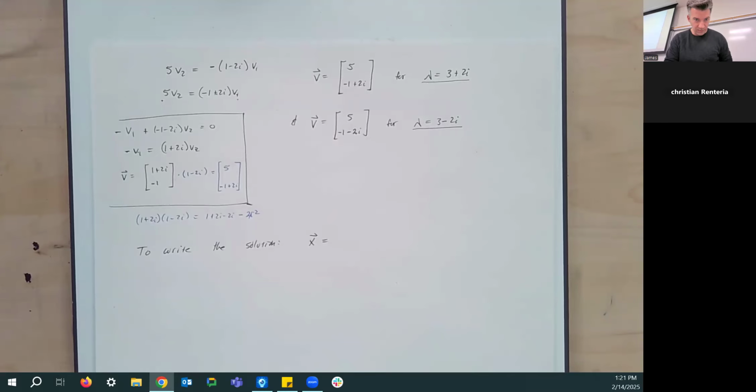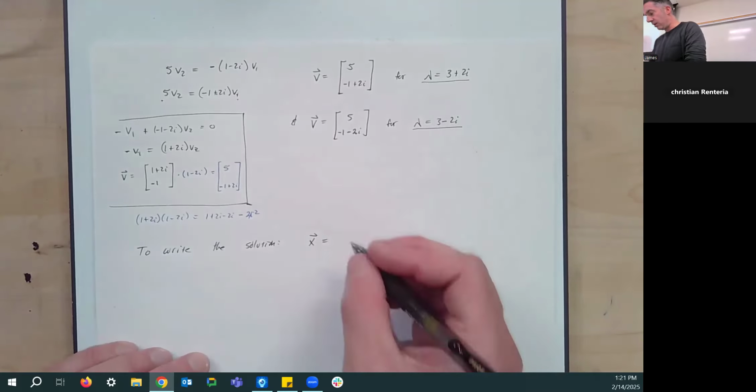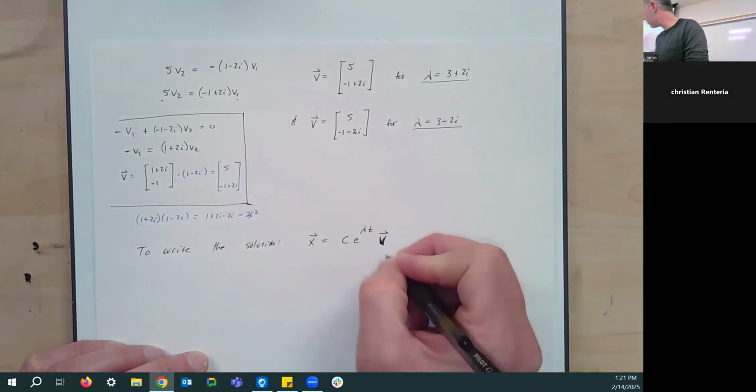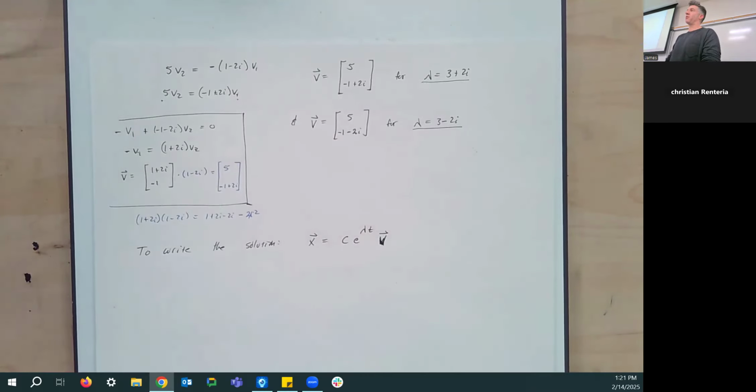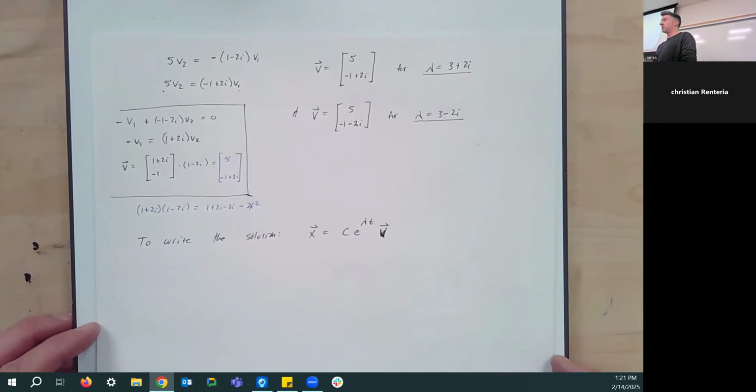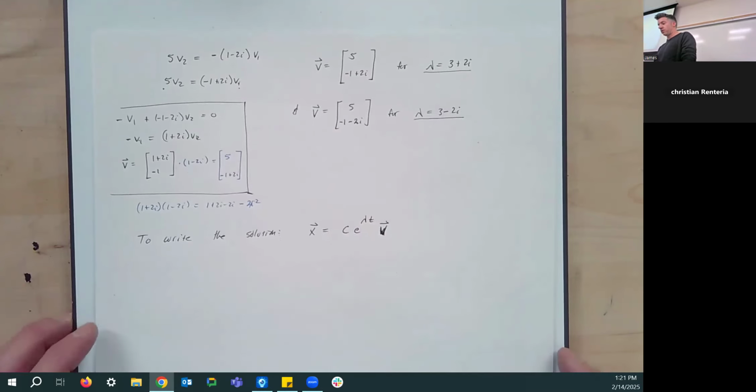All right, so our solution is going to be C e to the lambda t times v. I'm just calling it v for now. Just like before, except we only have one piece instead of two pieces. This is where things are going to get a little bit computationally gross, but not the worst thing ever.